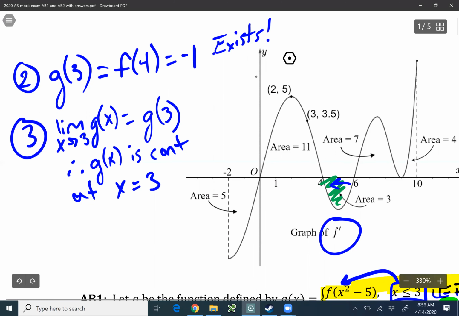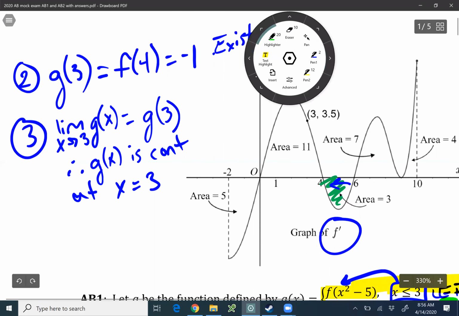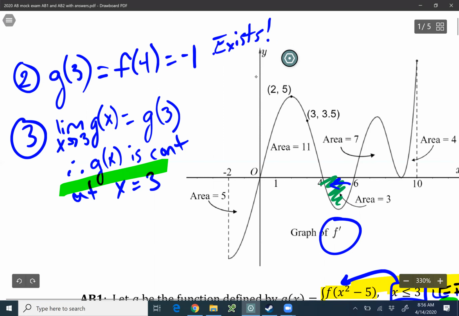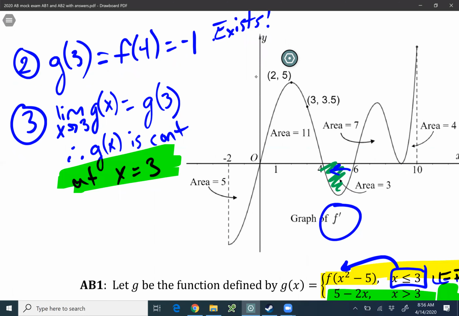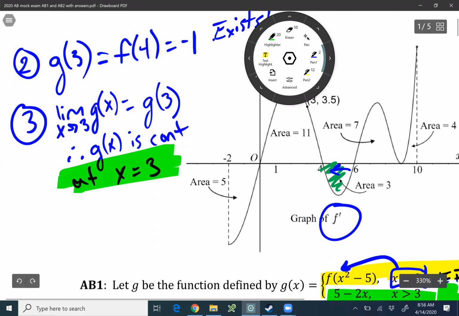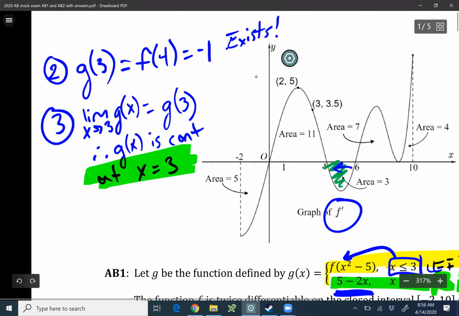So we do want to make sure that we put this at part. That's important, that sometimes people forget. It's continuous at x equals 3. Writing exists isn't 100% necessary, but it's nice to show the reader that you know what's going on.